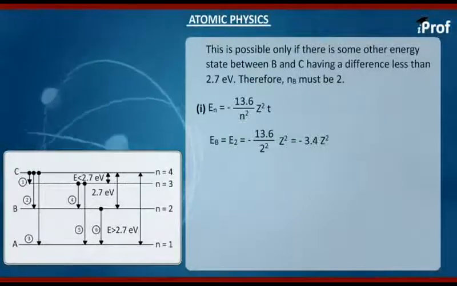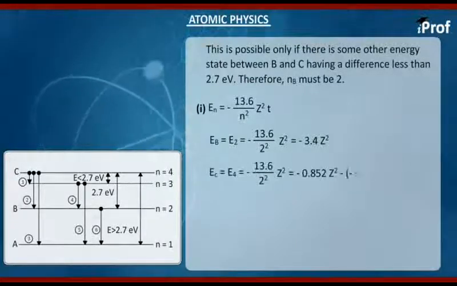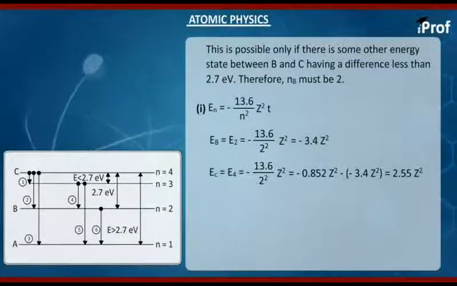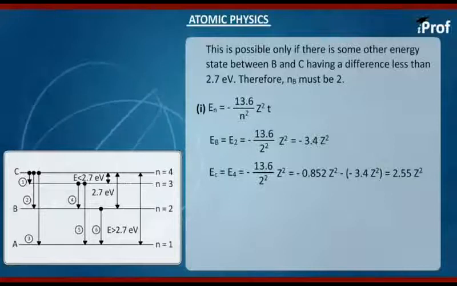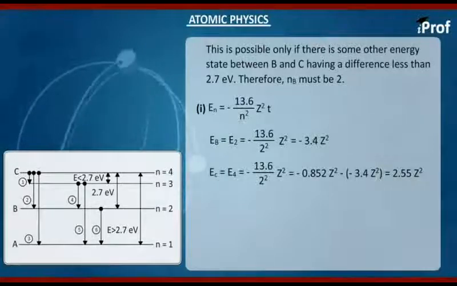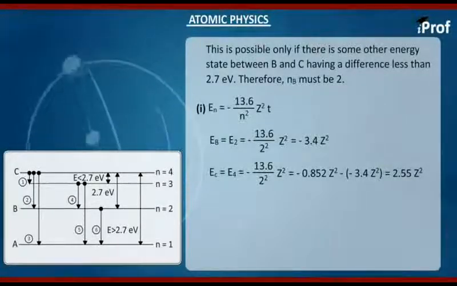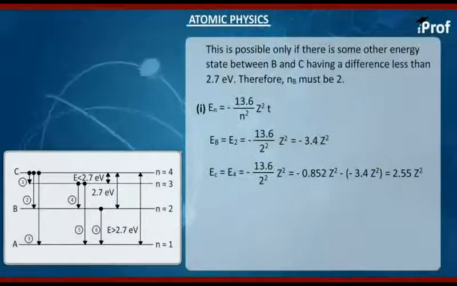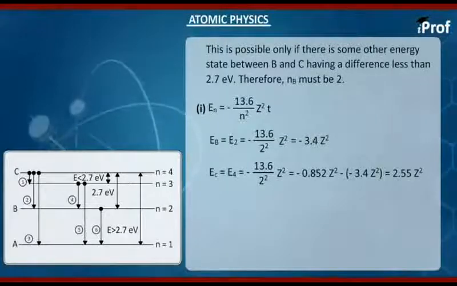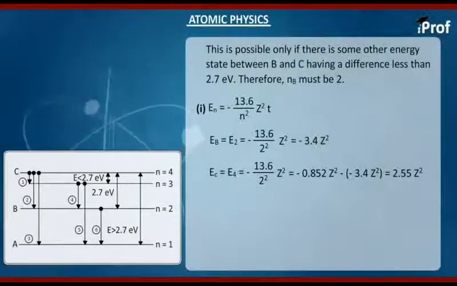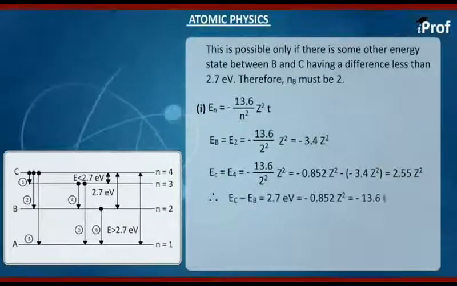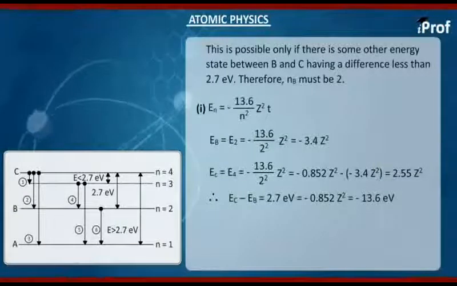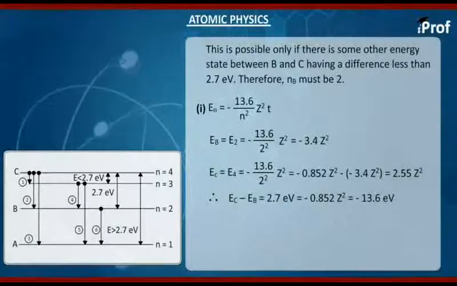And also we know that EC will be equal to E4, and its value will be minus 13.6 divided by 4 square into Z square, and that works out to be minus 0.852 Z square.